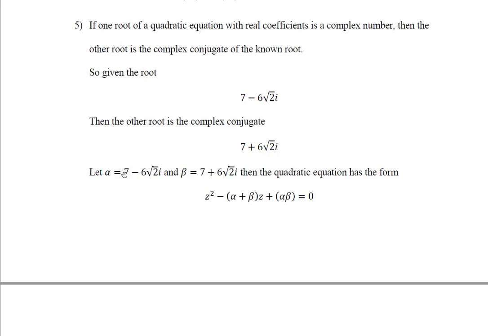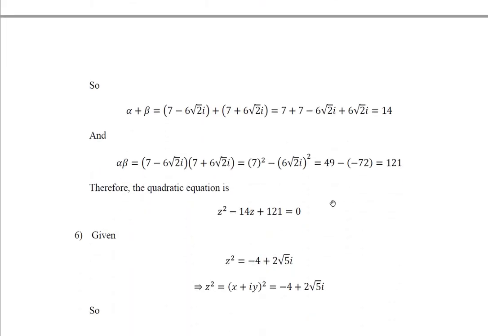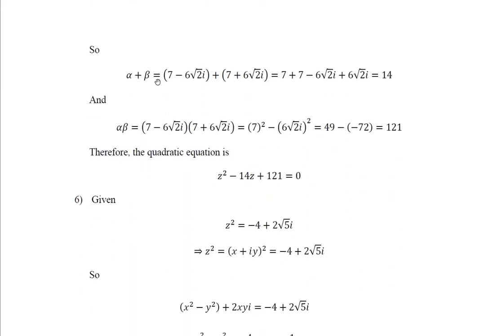Let alpha equal 7 minus 6 root 2i and beta equal to 7 plus 6 root 2i, then the quadratic equation would have the form of z squared minus alpha plus beta z plus alpha multiplied by beta equals 0. So alpha plus beta is equivalent to 14, and alpha multiplied by beta is equivalent to 121. Therefore, the quadratic equation is z squared minus 14z plus 121 equals 0.